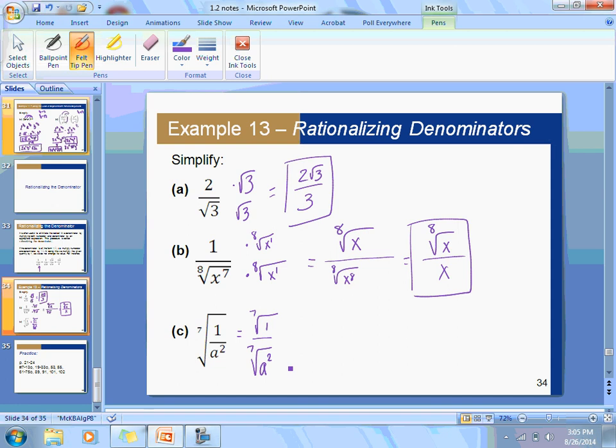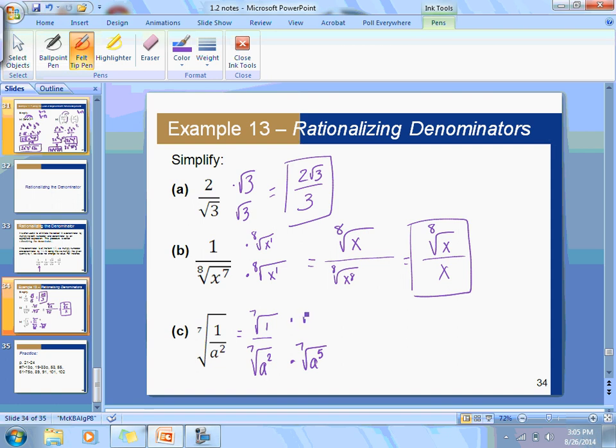Now, I need to not multiply by itself because it's not a square root. I need to multiply by some amount of a's, a to the something, that's going to add up to 7 so that I can divide 7 by 7. So I need to multiply by the 7th root of a to the 5th, because 5 plus 2 is 7, and I can take the 7th root of a to the 7th and get a nice whole number.